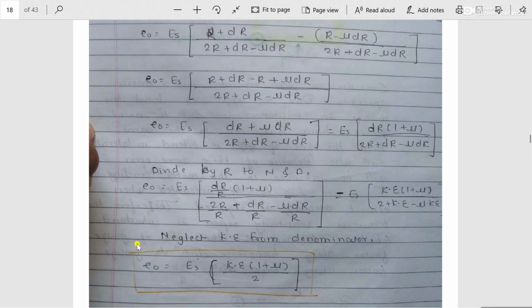But if I compare this output with the two-arm sensitive bridge circuit in which one linear strain gauge and one lateral strain gauge are there, it has been observed that the output of the two-arm sensitive bridge circuit is equal to Es in bracket k into epsilon in bracket 1 plus mu divided by 4. For the two-arm sensitive bridge circuit the dividing factor is 4, but for the four-arm sensitive bridge circuit the dividing factor is 2.